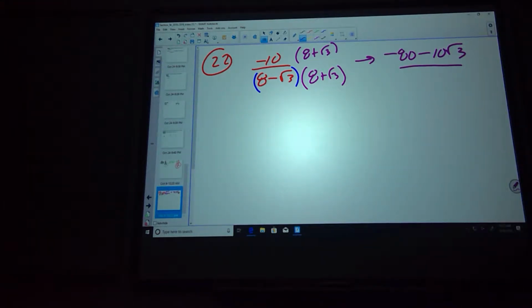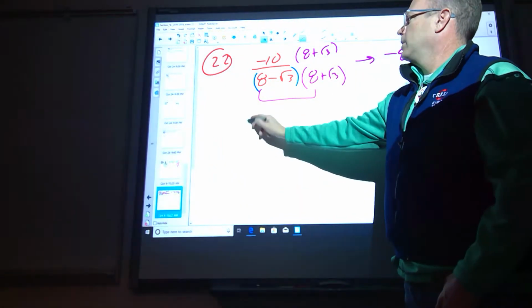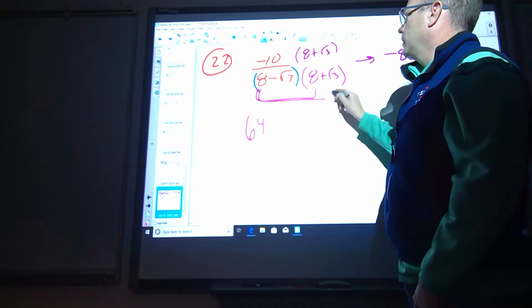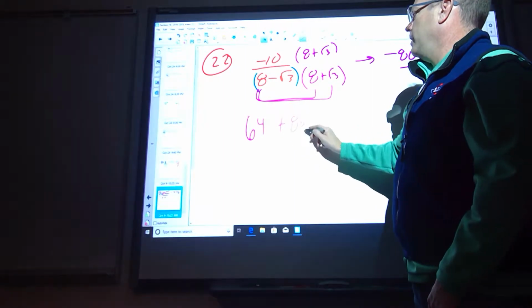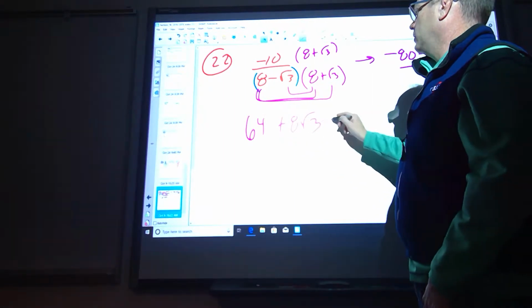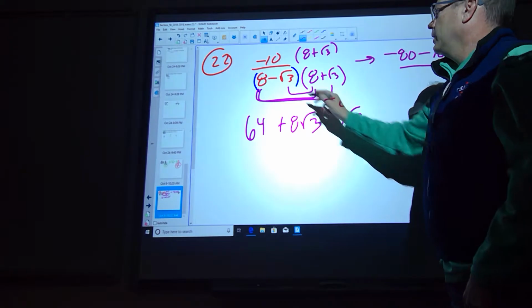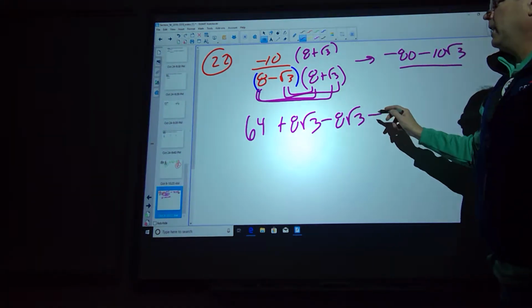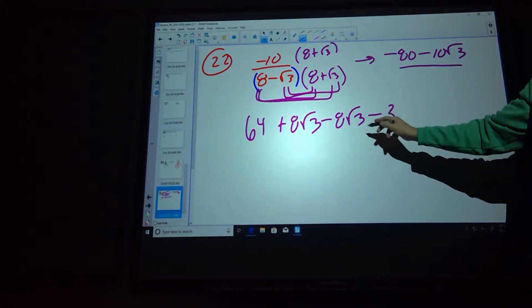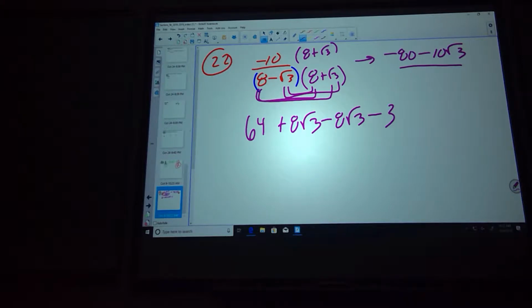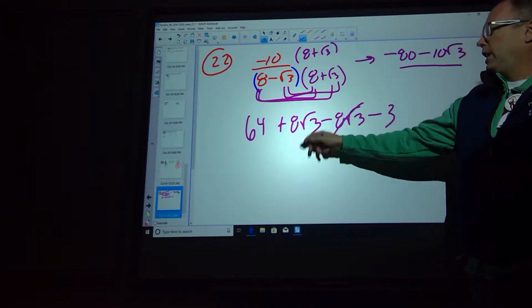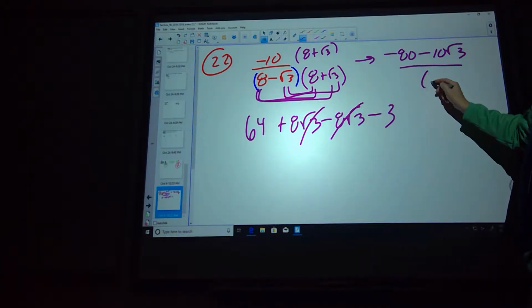Now let's go to the bottom. 64 plus 8 root 3 minus 8 root 3 minus root 9, which is just 3. Root 9 is 3, yep. Those cancel. 64 minus 3, so I get 61. Done.